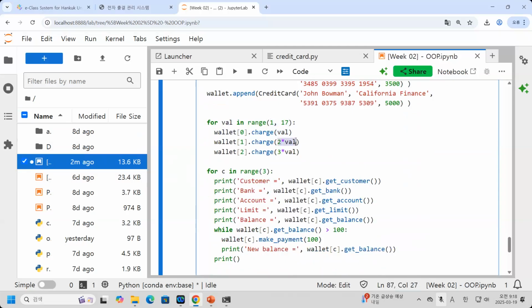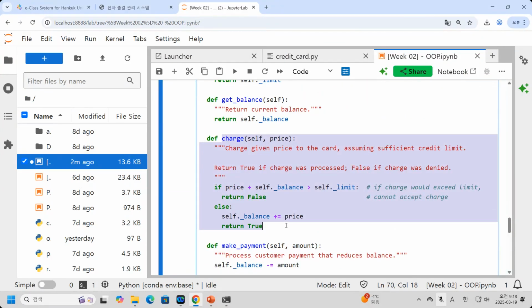So this second credit card is another card, and the charge is 2 multiplied by the value. So it is 2 times the generated number. And the third credit card, we want to charge 3 multiplied by the value. So value is also another generated number. So what does it mean by charge?